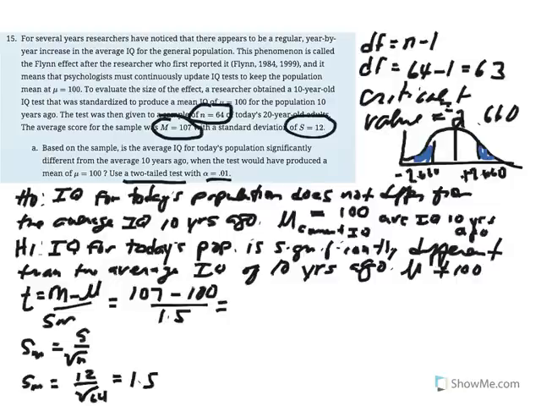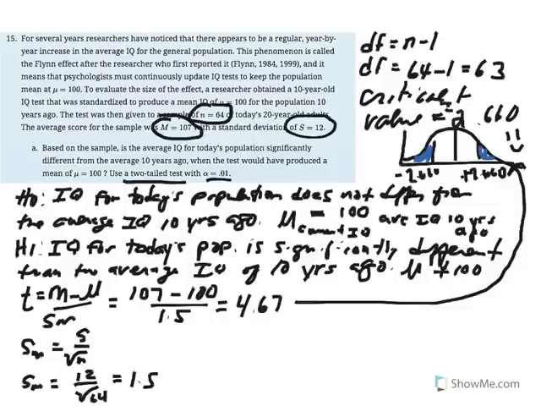In our calculators, 107 minus 100 divided by 1.5, and if we round to 2 digits right of the decimal, we get 4.67. Using that value to place it on our distribution, we see that it's well into the critical region. Again, we are happy as researchers given the evidence, we need to reject the null hypothesis.